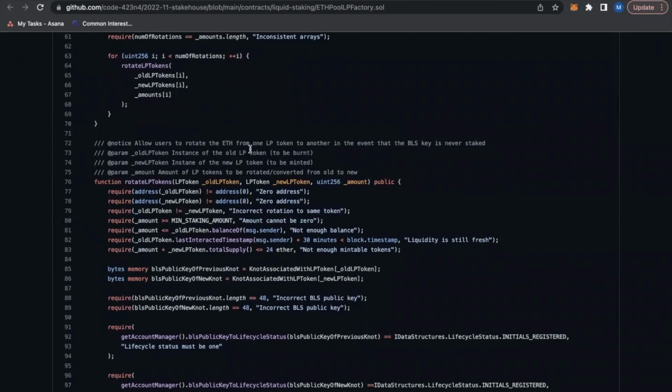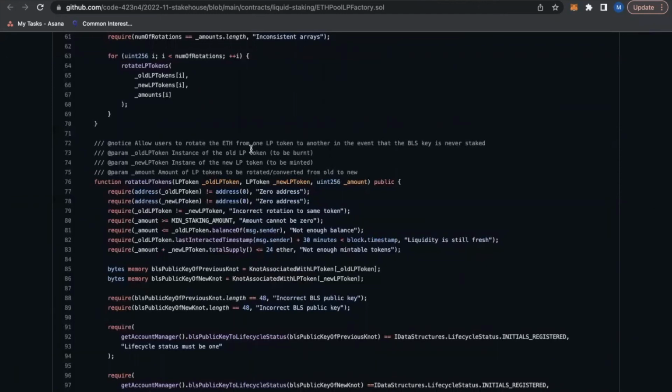So here, the idea is if you have deposited some ethers for a BLS public key and say that that particular validator has withdrawn, or the other scenario can be that that particular BLS public key is not getting as many ethers funded as another one.